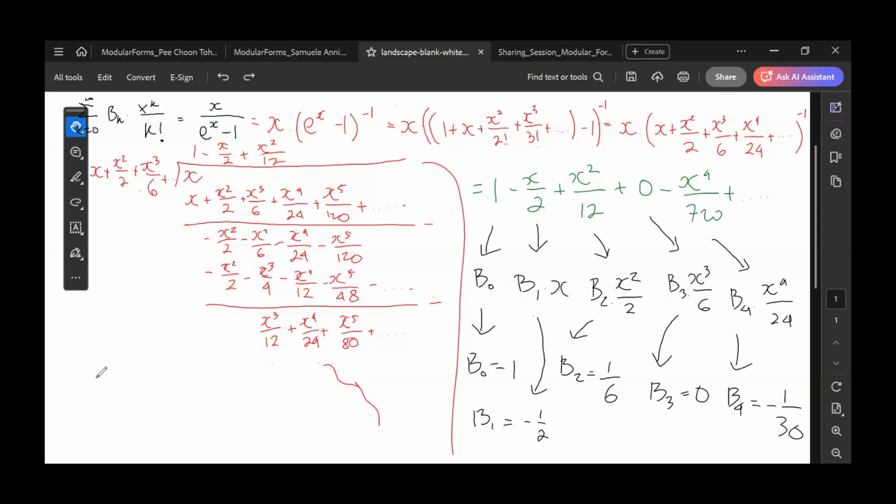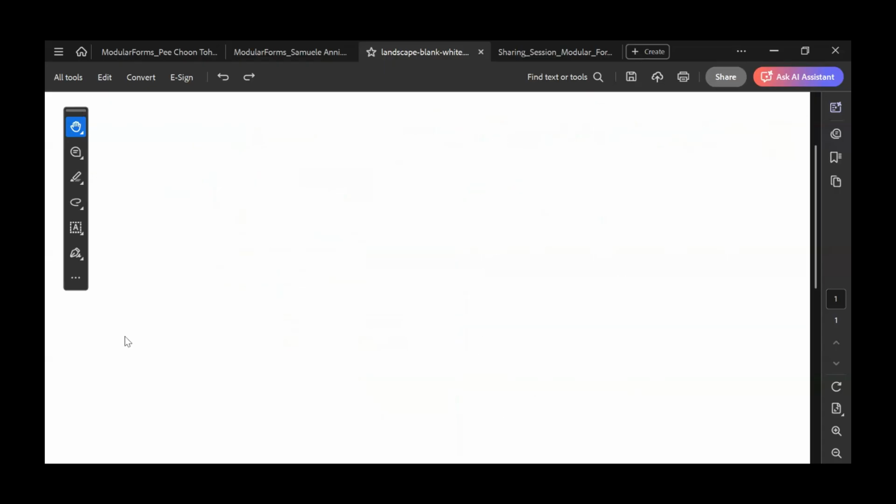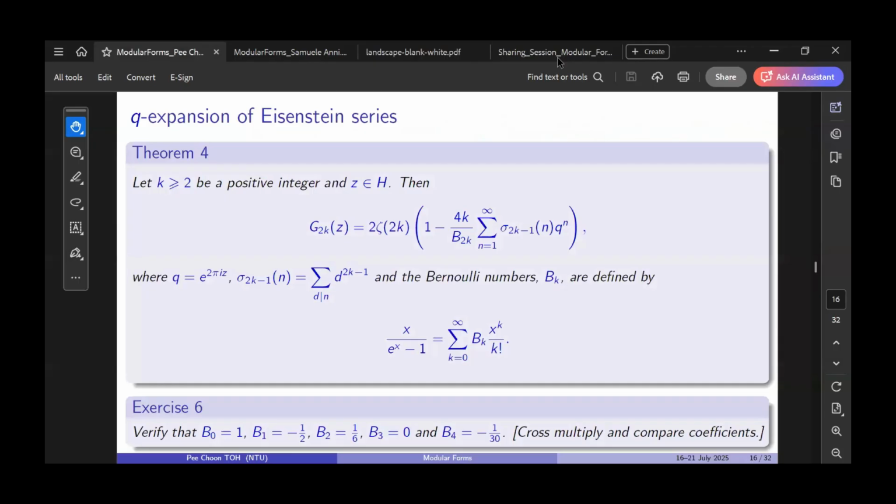Okay, thank you for waiting. Now let's go back to the modular form. As we can see and have proved before, Eisenstein series is a modular form, right?